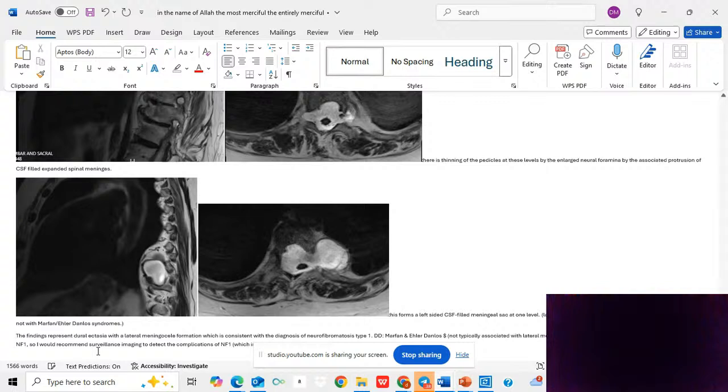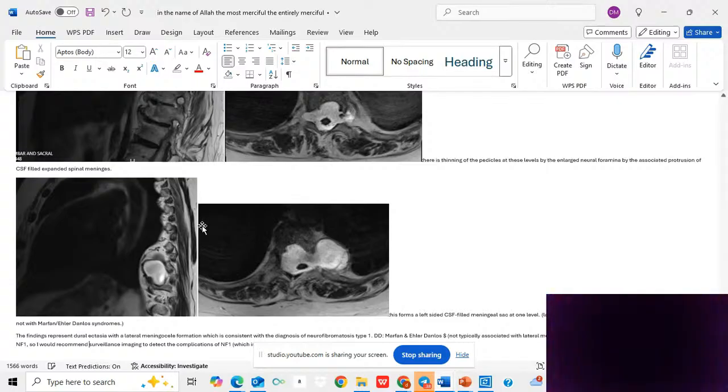So I would recommend surveillance imaging to detect the complications of NF1. The main aim of the treatment here is not to diagnose NF1, as this case is most probably a known case of NF1.